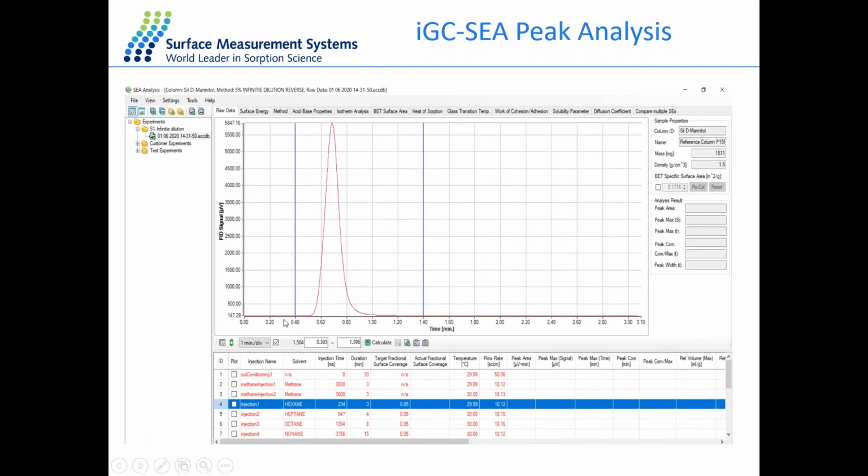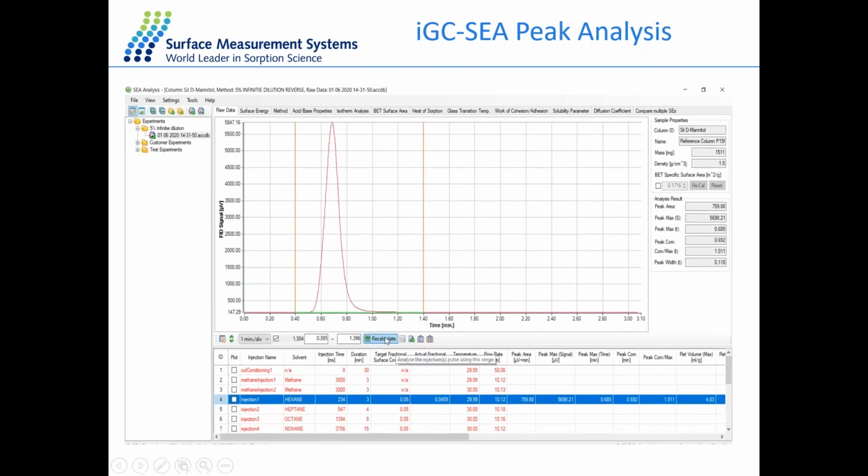What you'd simply do is highlight the beginning and the end of the peak, click calculate, and as you can see here, all these panels will start to fill up. So calculation is automatic. However, if you did want to export the data and use the raw data for your own calculations, that's also very simple to do.